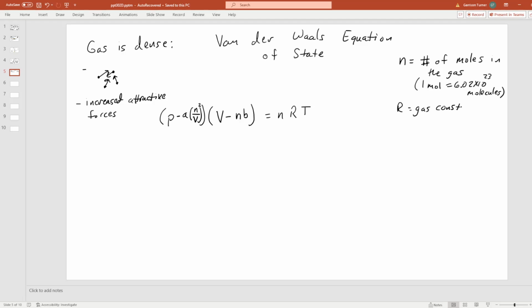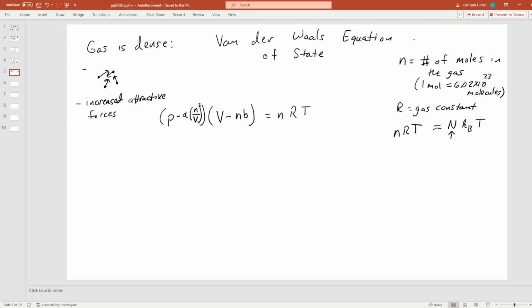Okay? And you'll notice that the right-hand side, nRT, kind of resembles N k_B T, and in fact they are equivalent. Okay, so lowercase n is the number of moles in my gas, but remember capital N was the total number of either atoms or molecules.